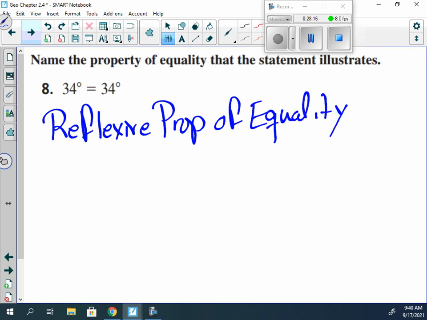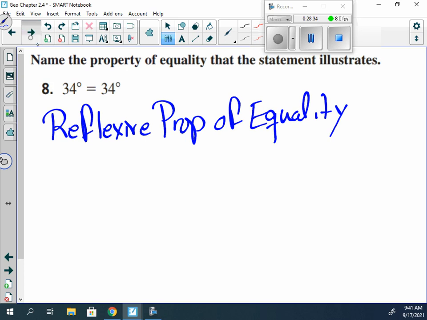Reflexive property of equality. And on your postulates page, that reference sheet, all of these are on there. Because I think they're right there on the front.